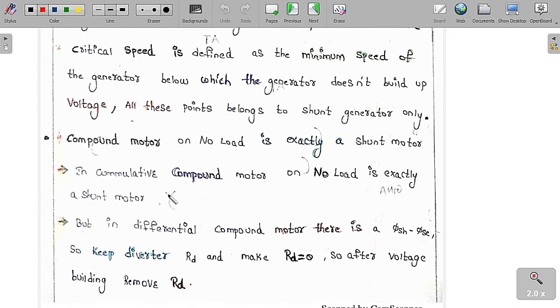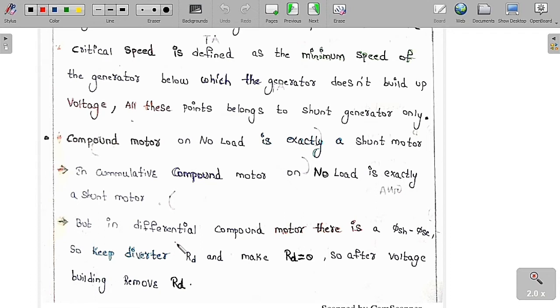So finally we can say that a cumulative compound generator at no load can act like a shunt generator, whereas a differentially compound generator can act like a shunt generator if you keep a diverter resistance and short it.